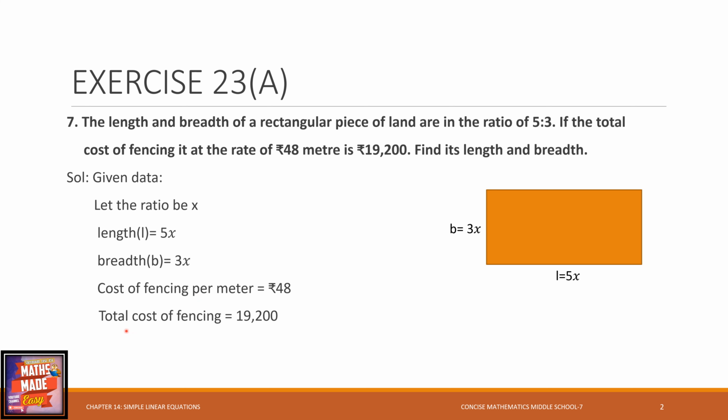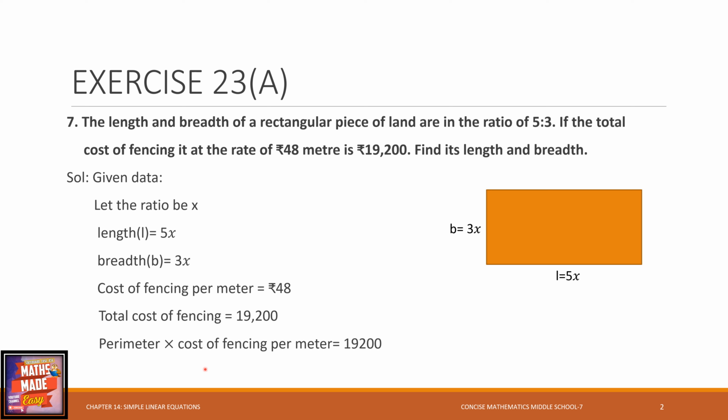Now, how to find the perimeter from these indirectly given values is, see, total cost of fencing. What does the total cost of fencing mean? He is going to fence all this boundary of his land. For 1 meter, they are charging 48 rupees, right? For 1 meter, 48 rupees. That means 48 into perimeter.